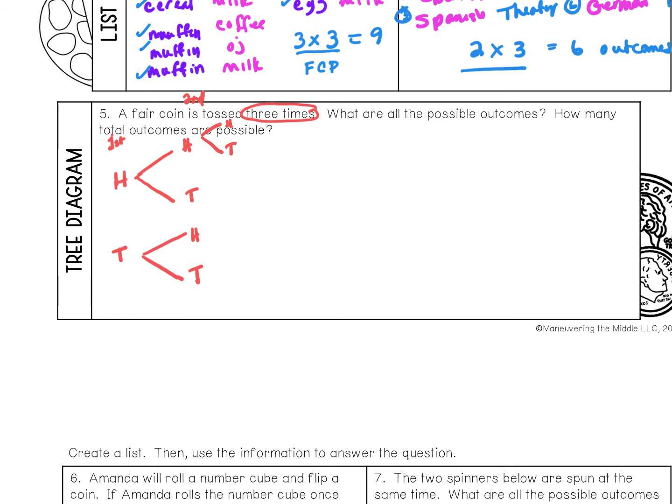If I toss this other, and I got tails, I could get heads or tails. And now if I go to the next, again, I could get heads or tails. And the last one, heads or tails. So we start from where we stopped. And this was the third coin toss.